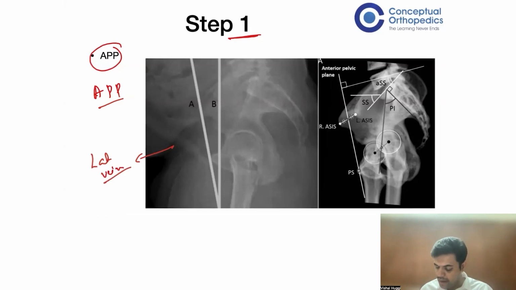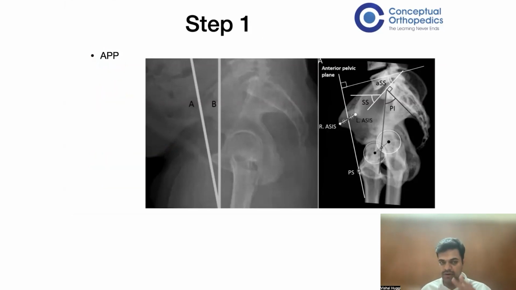How do we draw an anterior pelvic plane? We are supposed to draw 3 or 4 parameters. Let us draw one parameter, that is the anterior pelvic plane. What is the most anterior part of your pelvis? Can anyone tell me?